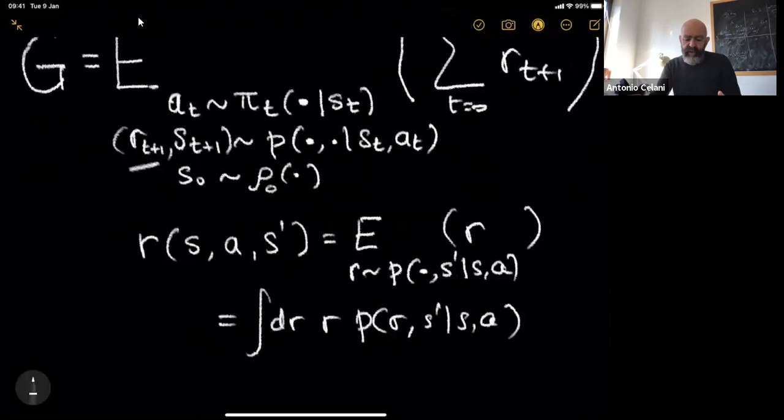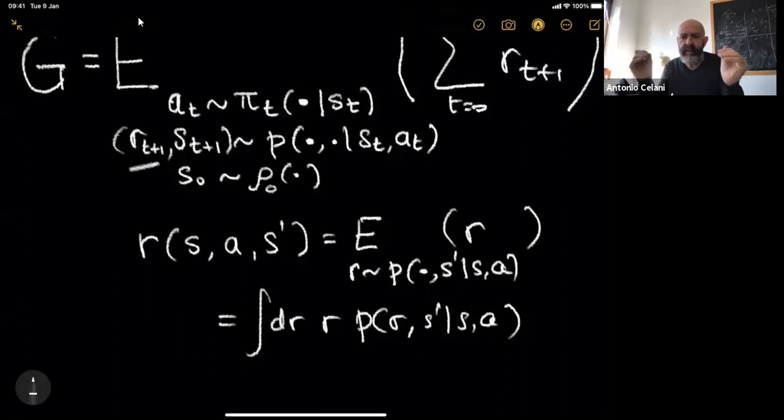Since we are interested in averaging, this means that from this point on, we are not really very much caring about what is the actual distribution of the R values, as long as we are only interested in optimizing averages. Notice that the fact that we can ignore the probability distribution and only focus on average is a distinctive property of the fact that we are working with a known model of the environment. Because when we will deal with learning, probability distributions will be very important.